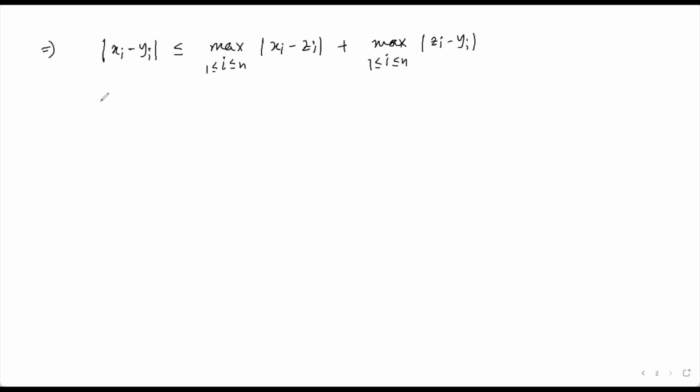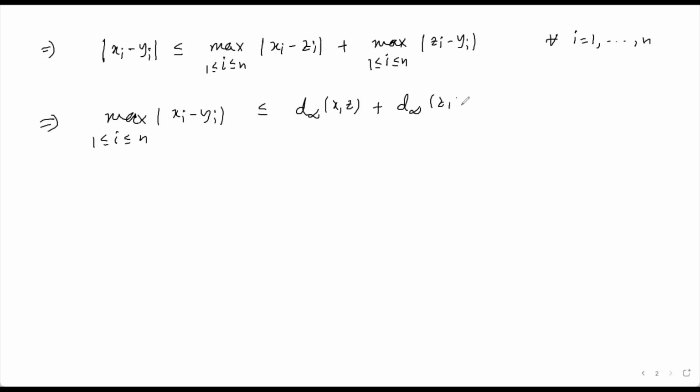Now the right hand side is a fixed real number, and this is true for all i equal to 1 and so on to n, and therefore this implies the max is also less or equal to the right hand side. The max of the absolute value of xi minus yi, i between 1 to n, is less or equal to, so this is nothing but d infinity of x comma z, and the second term is nothing but d infinity of z comma y.